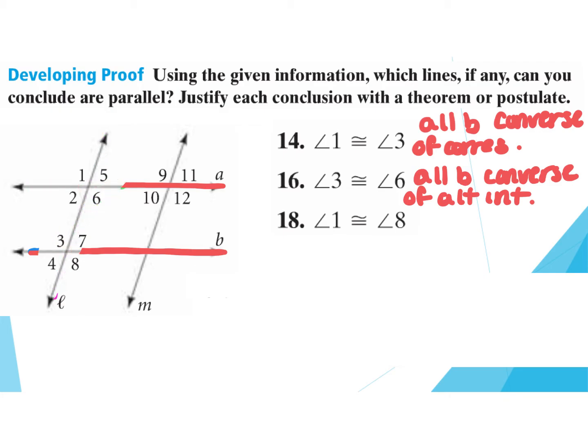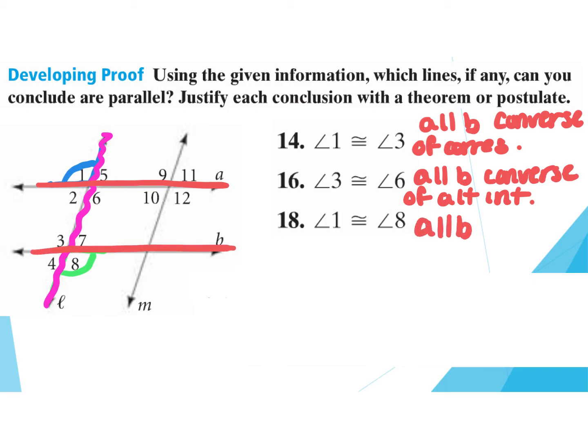And for my last one, I have angle 1 and angle 8. So my transversal becomes this line, and my parallel lines are A and B. So you could say A is parallel to B by converse of alternate exterior angles.